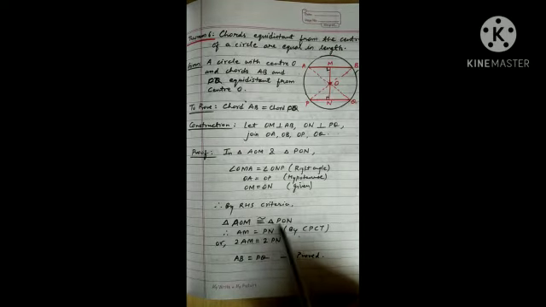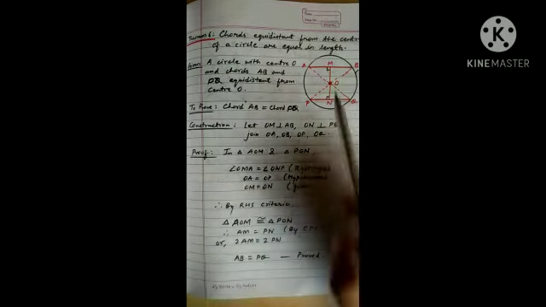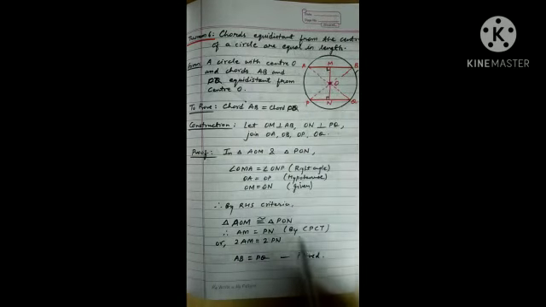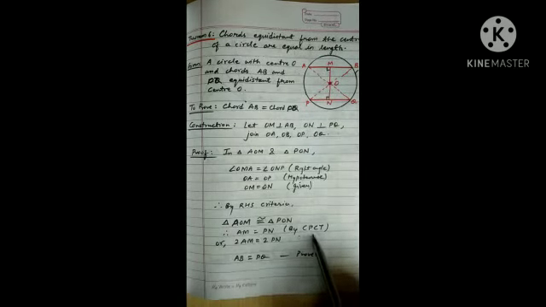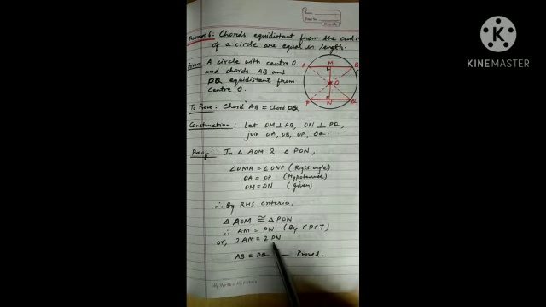Since these two triangles are congruent to each other, therefore the corresponding parts AM and PN are also equal to each other by CPCT, corresponding parts of congruent triangles. AM equals PN, so twice of AM also equals twice of PN.